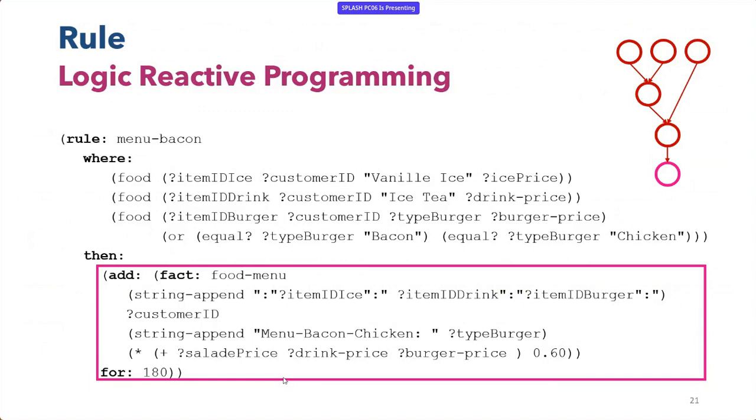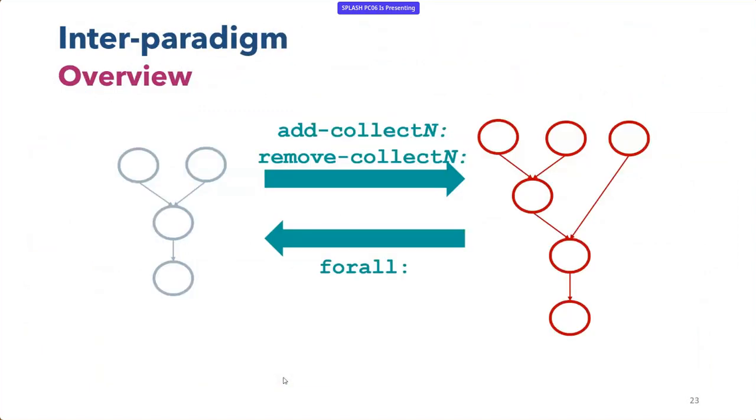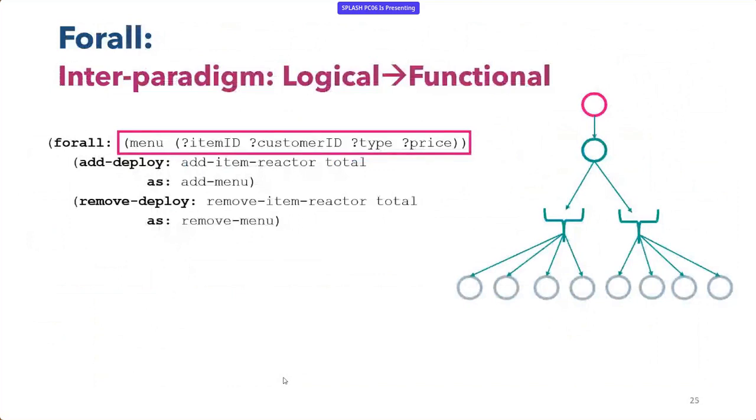That can then trigger the for all operators. But if you go directly from functional to logical to functional, and the collect operator is not initiated by other streams at the moment, then yes, there is no loss of information.